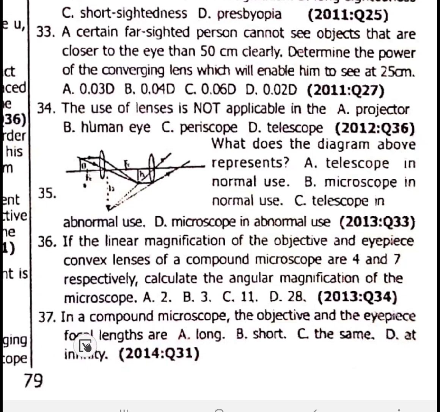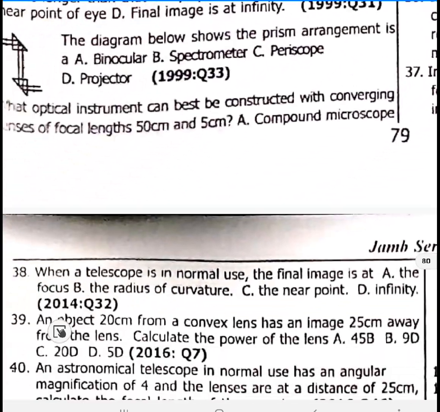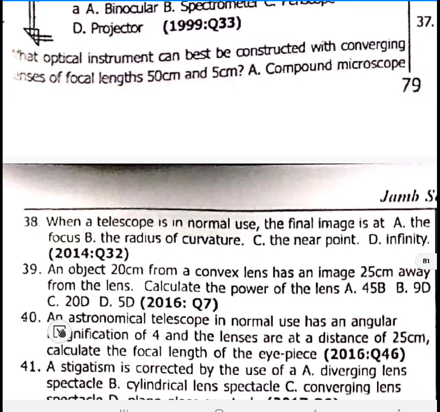The eyepiece is of a longer focal length than the objective focal length. So this question is not entirely well framed. When a telescope is in normal use, the final image is at infinity. Option D. That's 38.